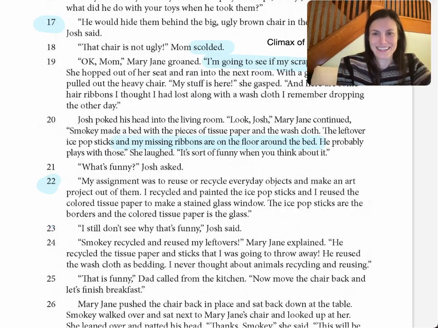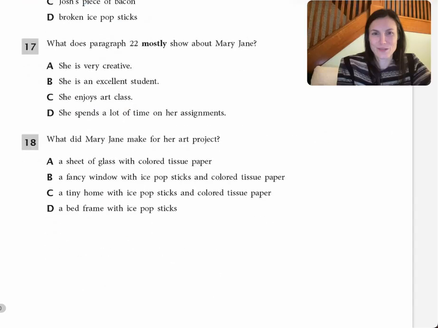All right. So she was doing a lot of things with these reused items. We could say she's an excellent student because she is doing all this work. She does seem like she enjoys it. It doesn't exactly say she's spending a lot of time though, right?